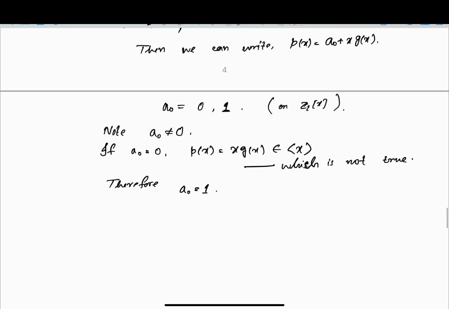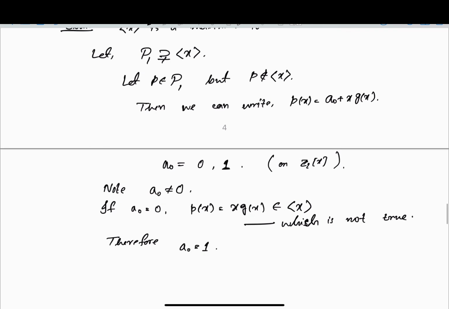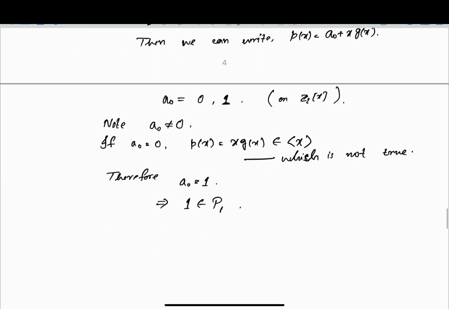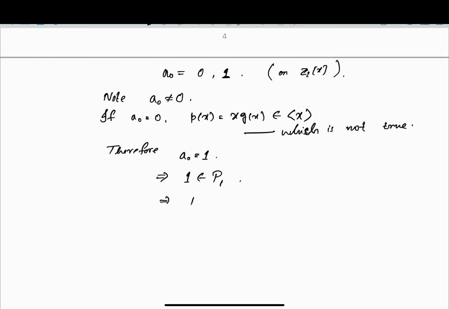So a naught is 1 means the identity element belongs to P1, which means P1 is the whole ring Z2[x]. This is the same as saying that the ideal of x is a maximal ideal in Z2[x].